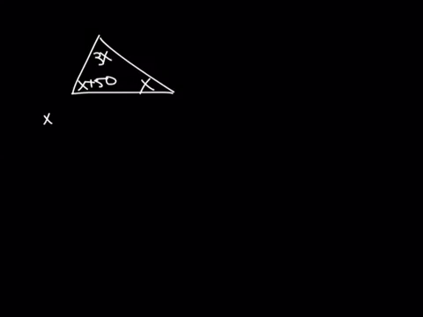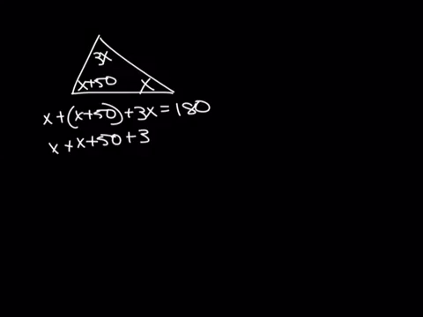So again, if we add these all up, we get 180 degrees. So let's go ahead and x plus 50. Take the parentheses off because there's a plus sign in front of it, so we can just drop it. Let's add our x's to this.